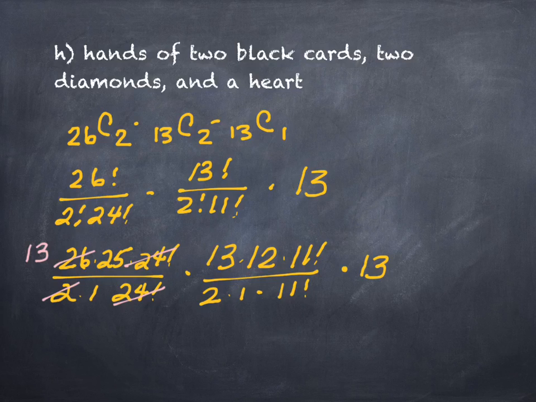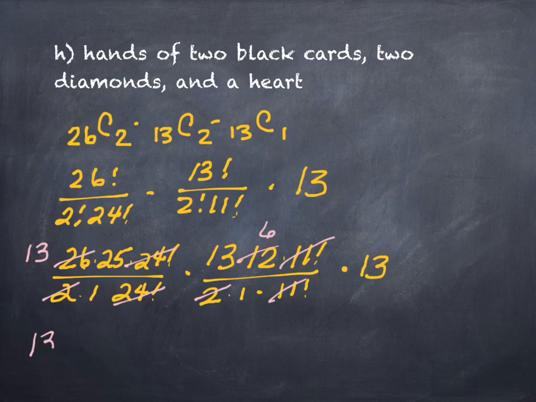Somebody who hasn't talked today. You guys, most of you have been talking. How about Laramie? Can you find one for me? What can I cancel? 2 and 12. All right, 2 and 12. 12 becomes 6. All right, there's one last one to do. The 11 factorial, yeah.